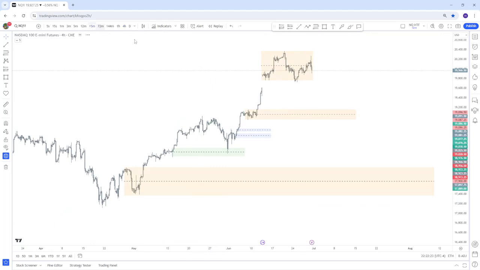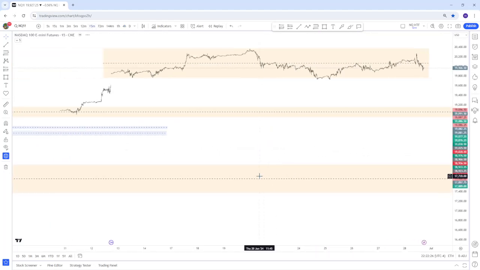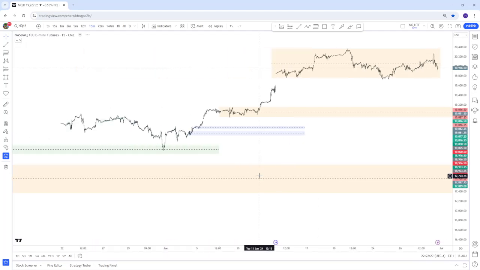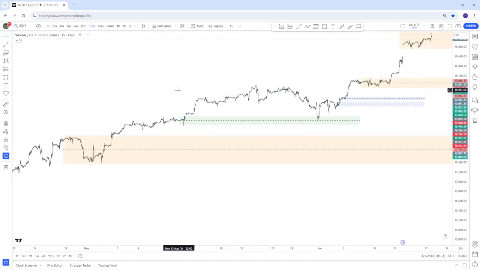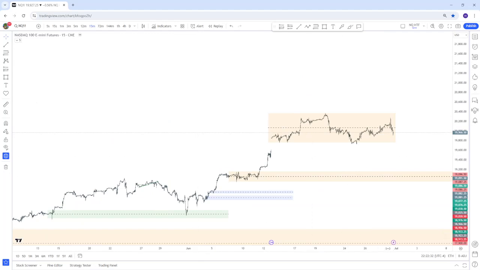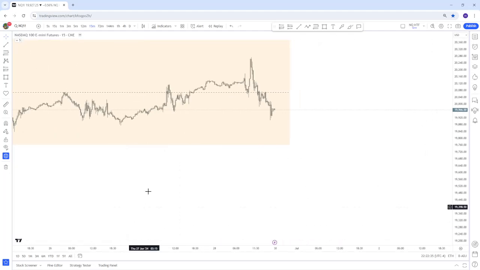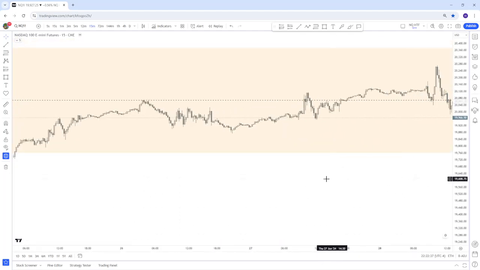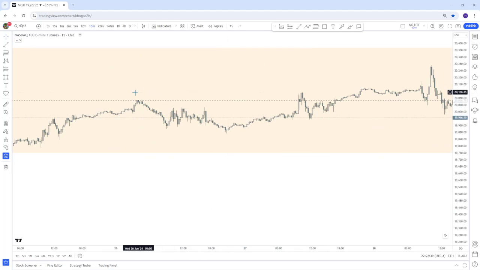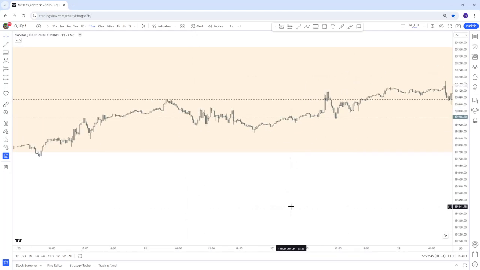We saw in a 15-minute that sometimes structure can change faster than you would like, faster than you would anticipate. We had the structure break down, but it only gave us two swings before it resumed up again.